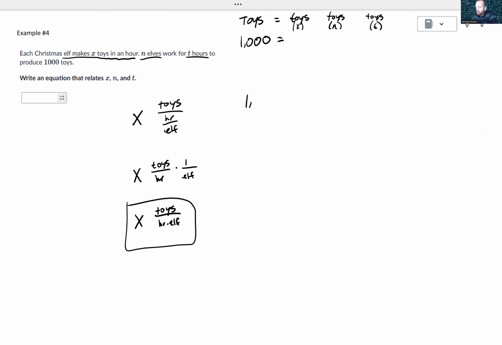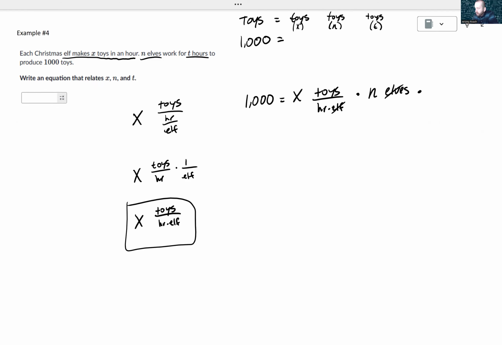So far now we have 1,000 equals X toys per hour elf, or per elf if you want to say it like that. Now we have to figure out, well, what can we multiply to get rid of hours and elves? Well, if we just multiply by n elves, that cancels out the elf part.